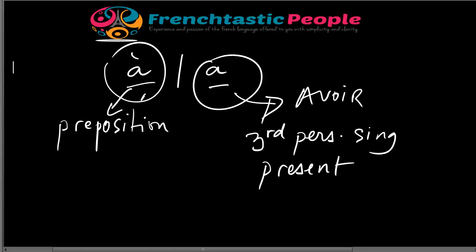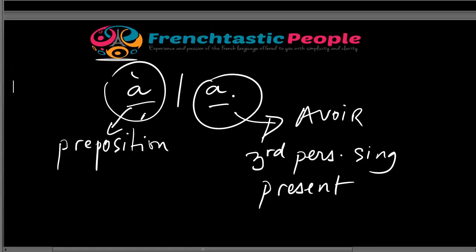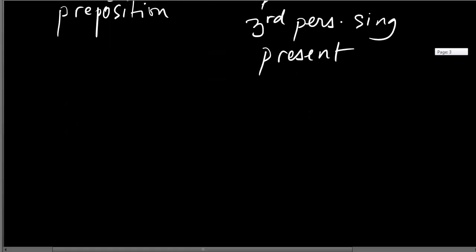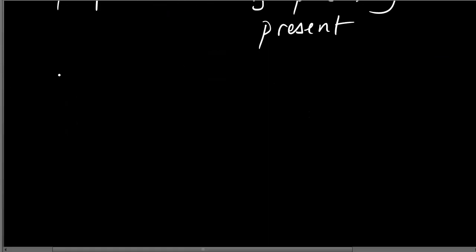So how do you know that you should be using à with an accent or a with no accent? It's quite easy. I will give you two sentences to illustrate these two cases. The first one, let me think of a name. I'm thinking about Chantal.